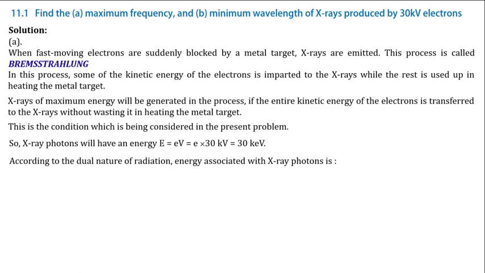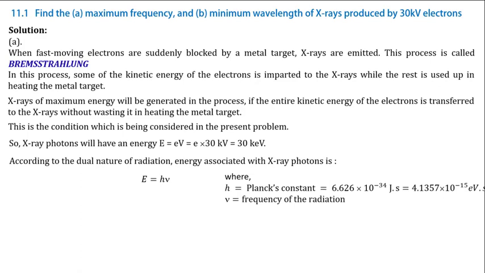Now, according to the dual nature of radiation, energy associated with X-ray photons is given by the relation E is equal to h nu, where h is the Planck's constant having a value 6.626 into 10 to the minus 34 joule seconds, or 4.1357 into 10 to the minus 15 electron volt seconds, and nu is the frequency of radiation.